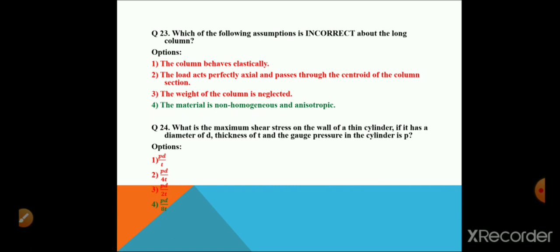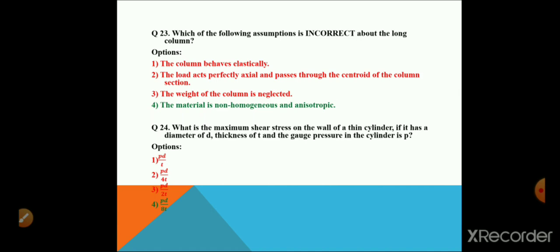As you all know, every strength of materials equation is based on the first assumption that the material is homogeneous and isotropic. Otherwise every equation will fail. So here option number 4 is absolutely incorrect. You can say it's ultra incorrect. Okay, let's proceed to the next question, which is 24.